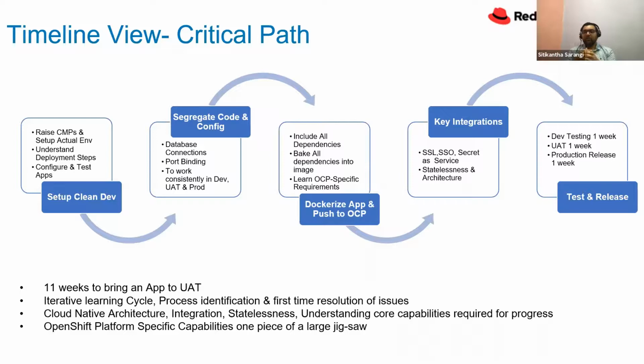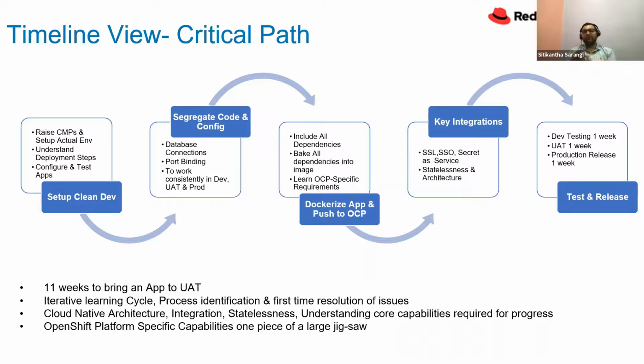So usually the assessment obviously depends upon the application. I am not saying that it is static per time period, but usually for one of the business critical applications, it takes 1 to 2 weeks of assessment, then a total of 7 weeks of re-architecting and re-engineering the application to onboard it to the OpenShift platform in dev, right?